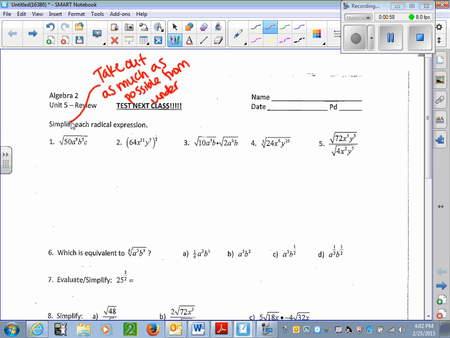But we're using non-math terms for this, just so, from under the radical sign. So I'm taking out as much as possible. That's what my simplifying is doing.